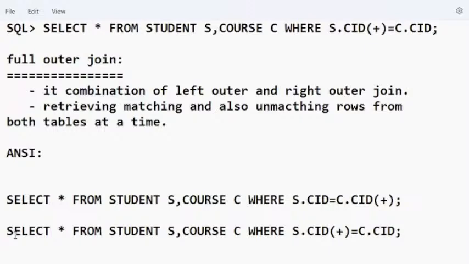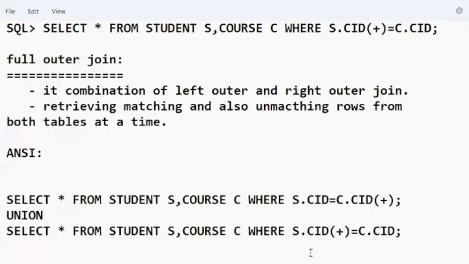Combining the results of two select queries. So now this select query result and this select query result are both combined. Then which one do I want to use among set operators? Union, intersect, minus, union. So I want to use union. Understand?